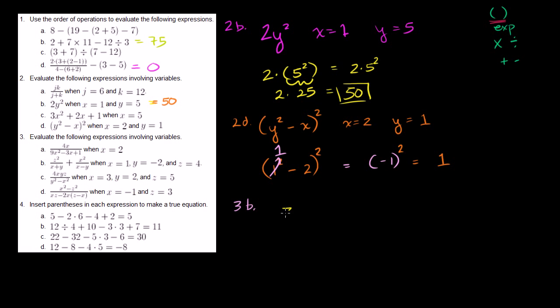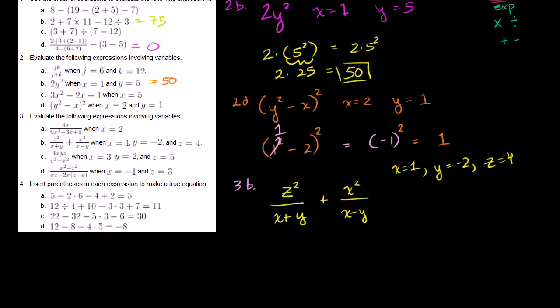We have z squared over x plus y, plus x squared over x minus y. And they're telling us that x is equal to 1, y is equal to negative 2, and z is equal to 4. So let's just do our substitutions first.